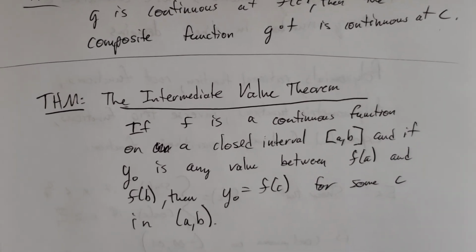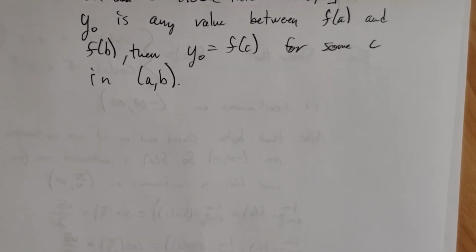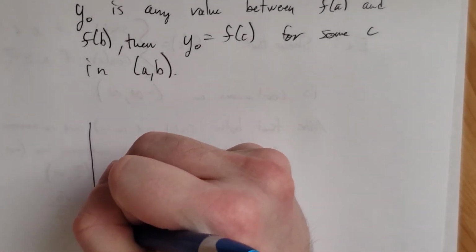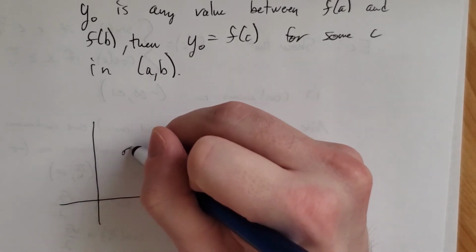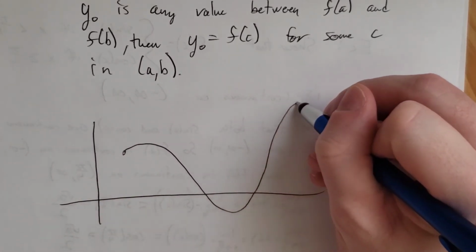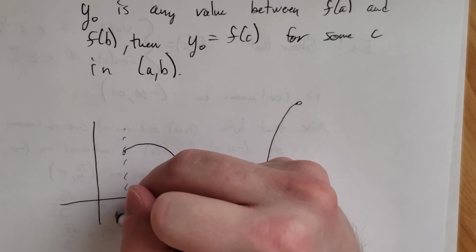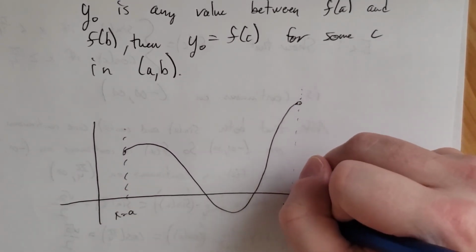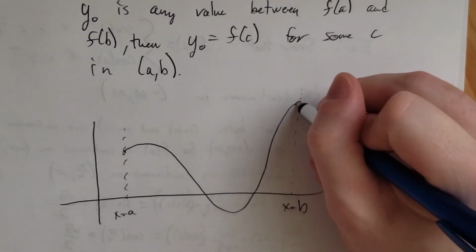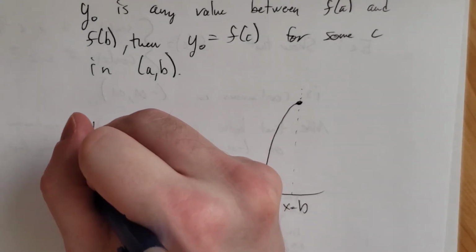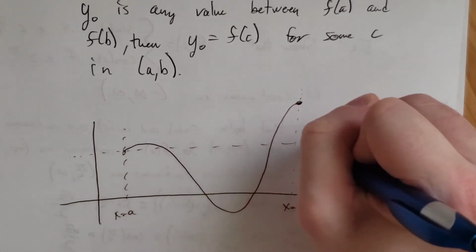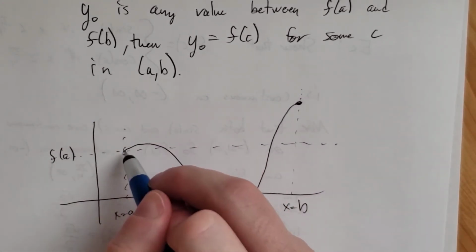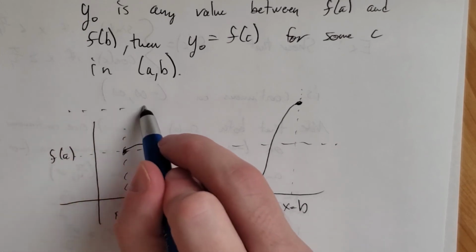All right, now what does this all mean picture-wise? Let's draw a picture here. We have some function here that is continuous between x equals a and x equals b. So we have some y value f of a here, and we have some y value f of b here.